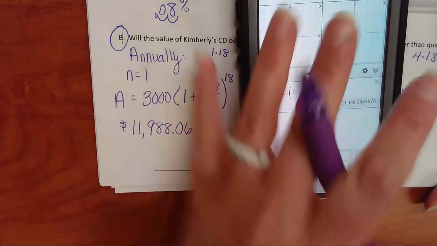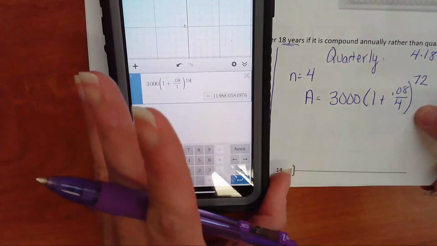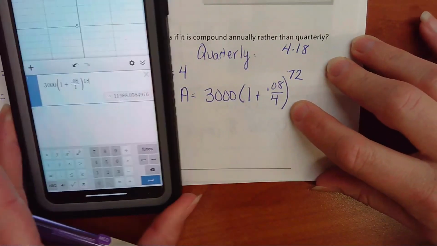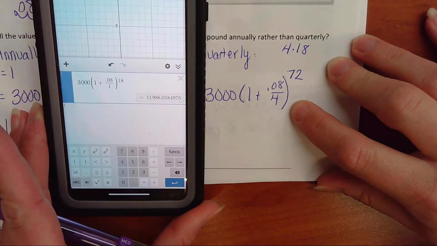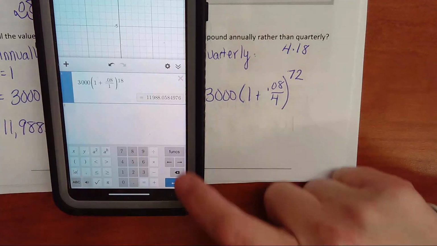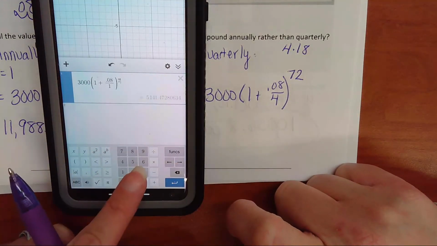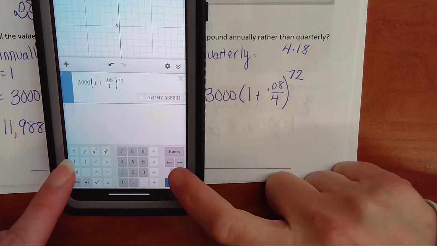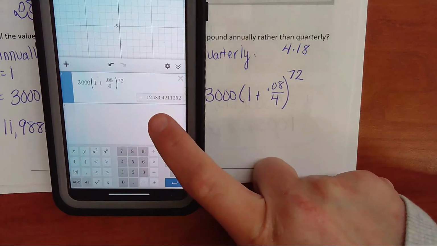Now if she does quarterly, the only thing that changes is this 4 and the 72. So I'm going to get rid of the 18, make that a 72, get rid of the 1, make it a 4, and there's my answer.